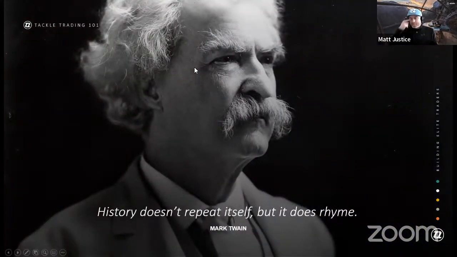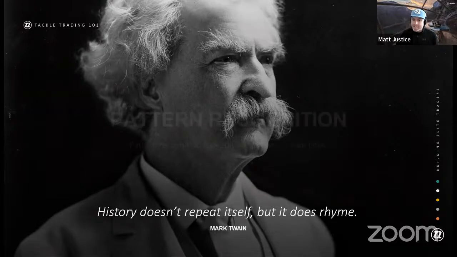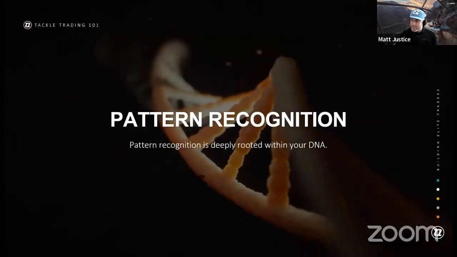Now, I can't wait till somebody corrects me and tells me Mark Twain didn't say this, but I'm still going to use the quote anyways. History doesn't repeat itself, but it does rhyme. Traders are programmed in pattern recognition, legitimately just programmed in pattern recognition.